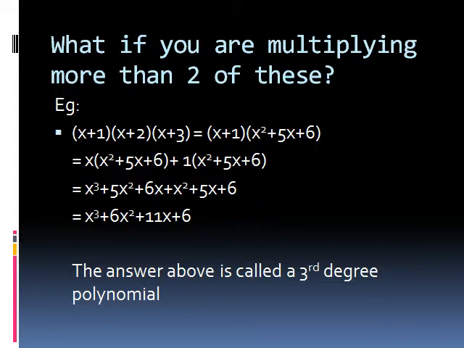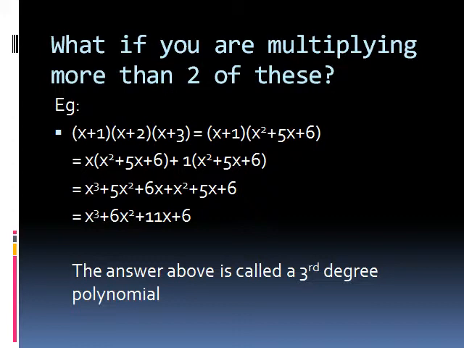Well, we can still solve it easily by first multiplying 2 of those at one time. It doesn't matter whether you start with the left hand side first or the right hand side first. But in this example, I'll just start with x plus 2 times x plus 3.